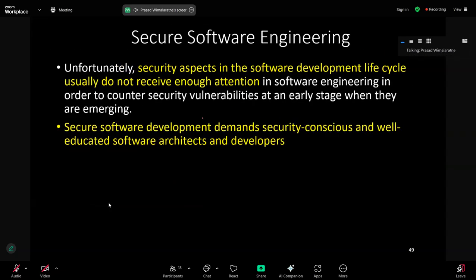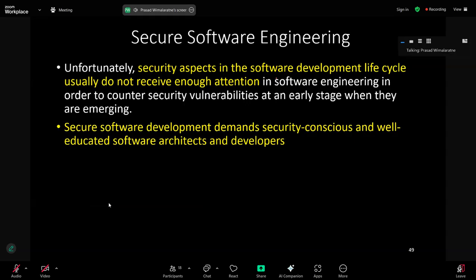But in reality, unfortunately, security aspects are paid less attention during the life cycle, sometimes due to time pressures in delivery schedules, because not sufficient attention is given to the security dimension we are discussing here.